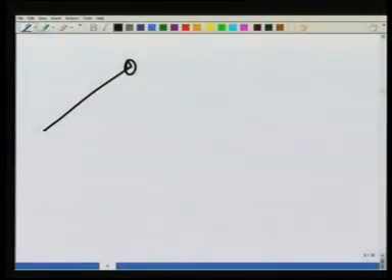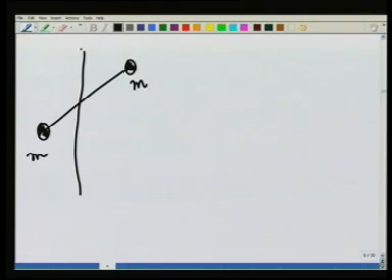Now, as an example, let me go back to our old friend, a light rod with masses m on both sides, rotating about an axis, and let us fix this axis on some ball bearings here.